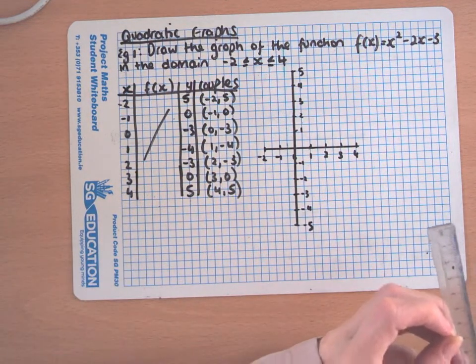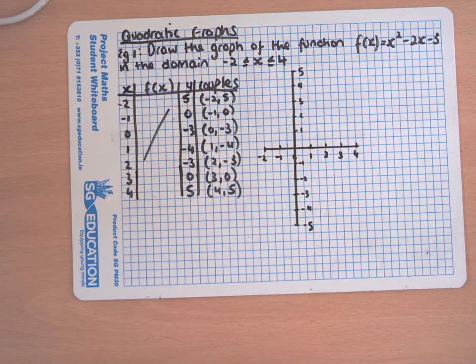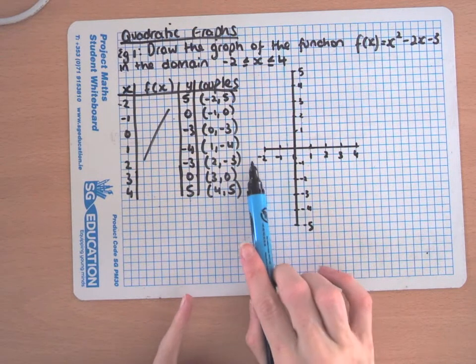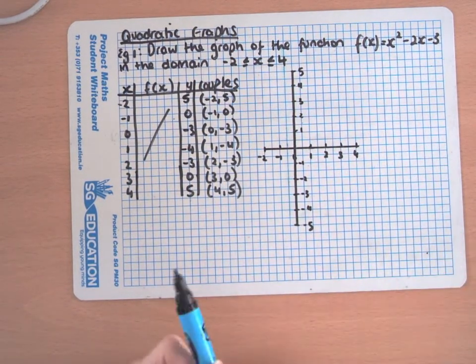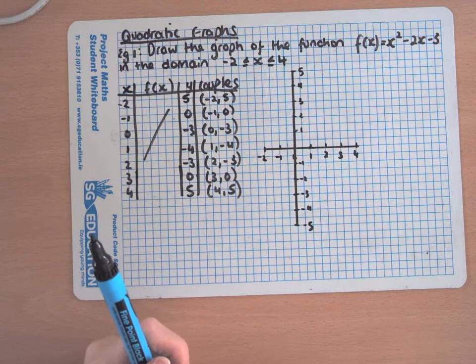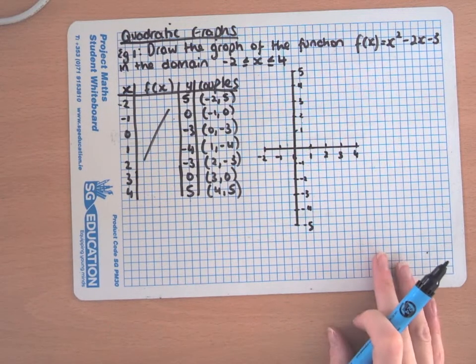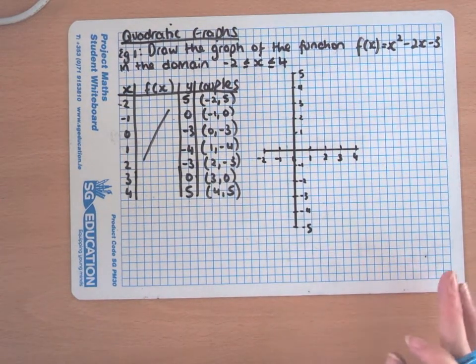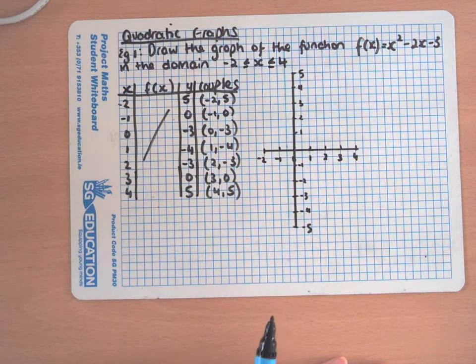Okay, so I just took 2 boxes for each one, starting at minus 2, going over to 4. And then all you're going to do is you're going to start plotting.